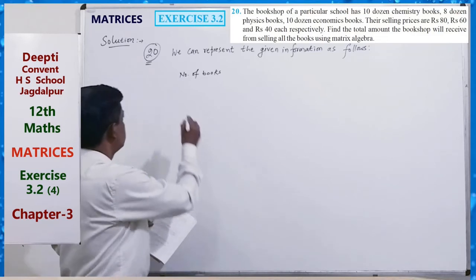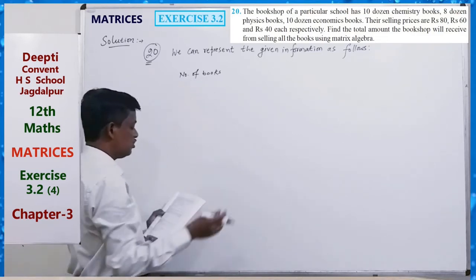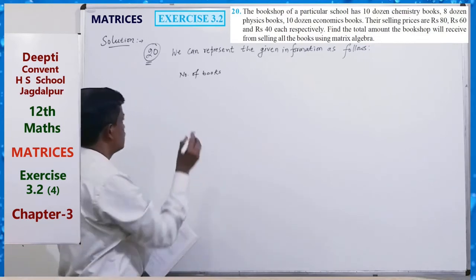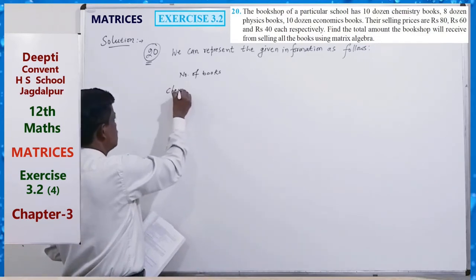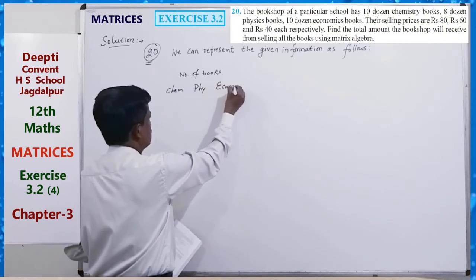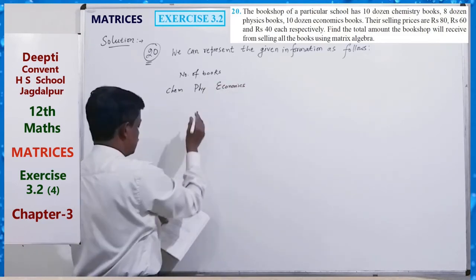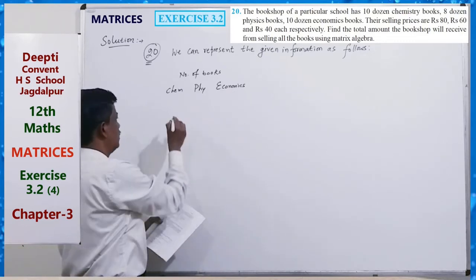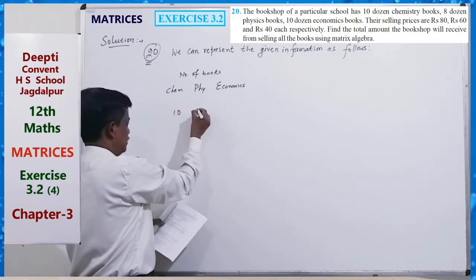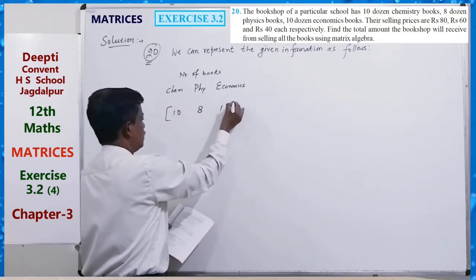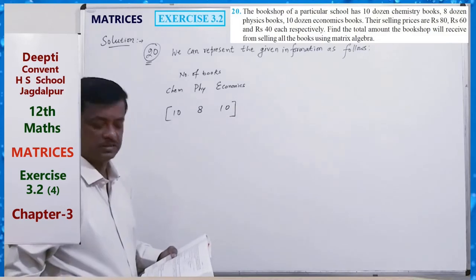The number of books in dozens: chemistry, physics, economics, is 10, 8, 10. We can write this as a row matrix.